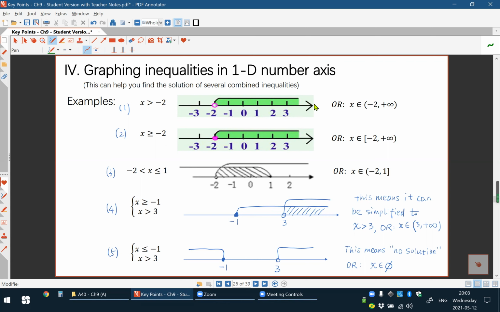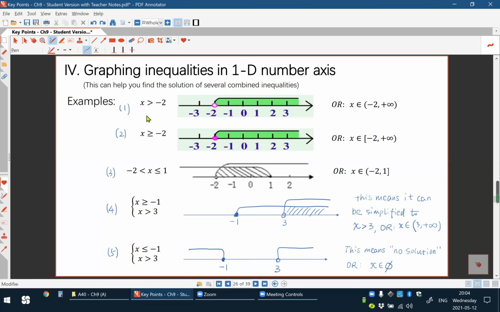Or you can also use the notation like this: x belongs to the set -2 to positive infinity. Okay. Next example, if we have x is greater than or equal to -2.